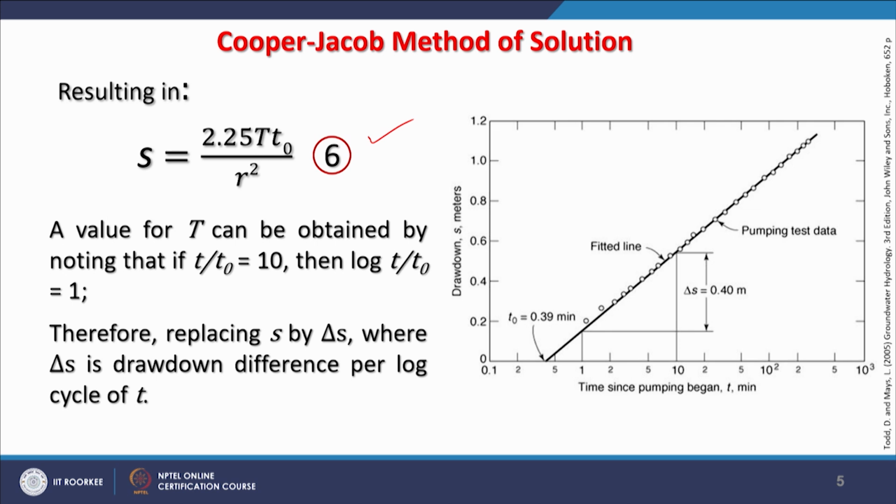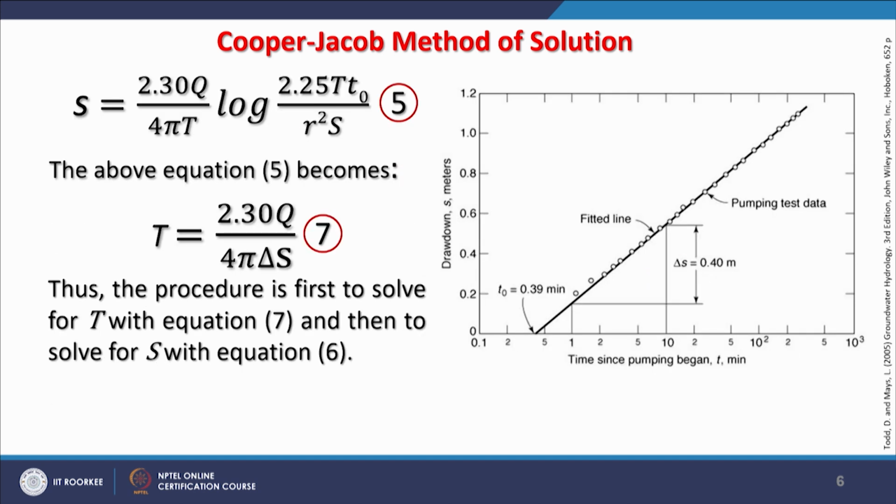Now, the value of T, that is transmissibility, can be obtained by this graph, noting that t by t0 equal to 10, then log t upon t0 equal to 1. And when we replace s by delta s, the change in the drawdown, where the delta s is the drawdown difference per log cycle of t, in this way we also get that information as well.